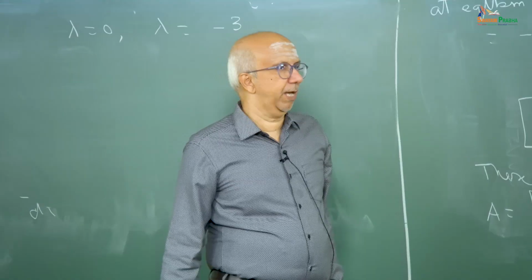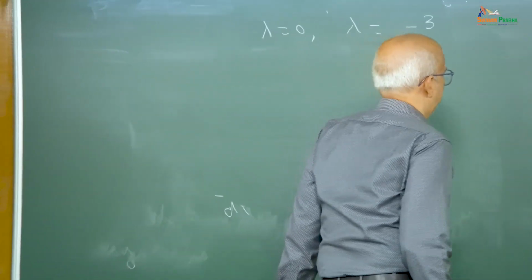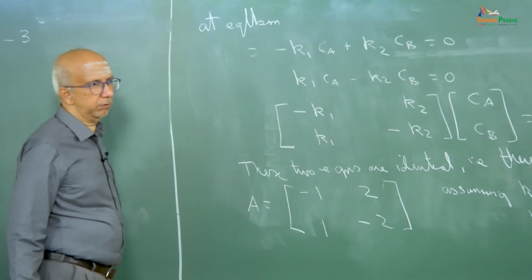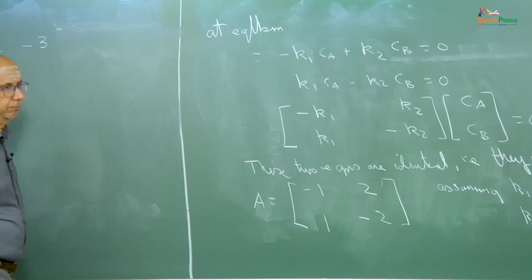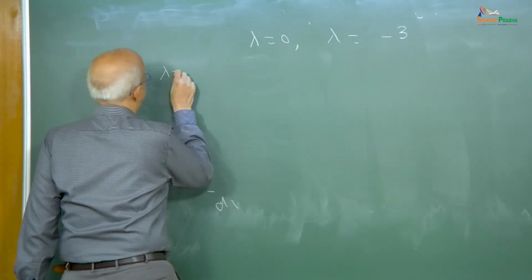So, I am interested in the eigenvector corresponding to eigenvalue equal to 0. So, what is the eigenvector corresponding to lambda equal to 0?